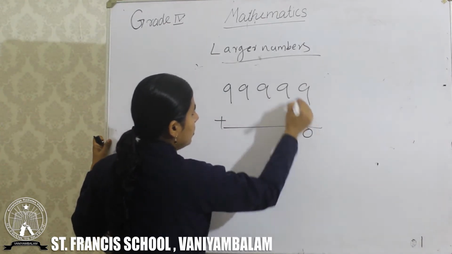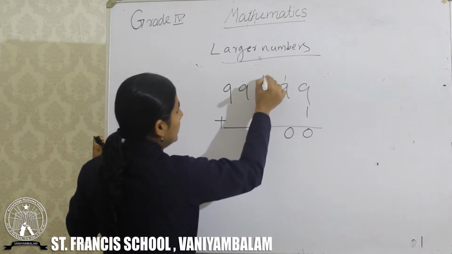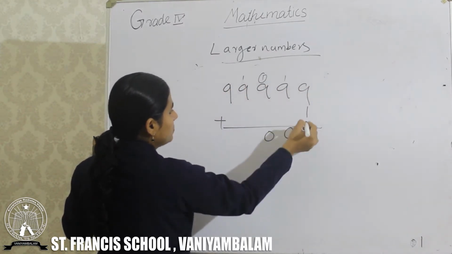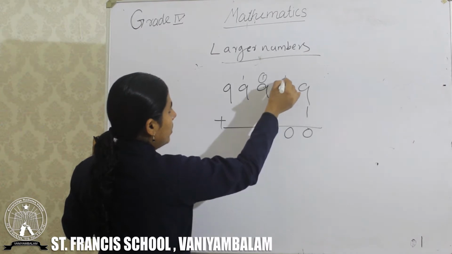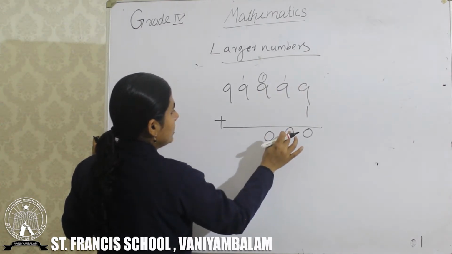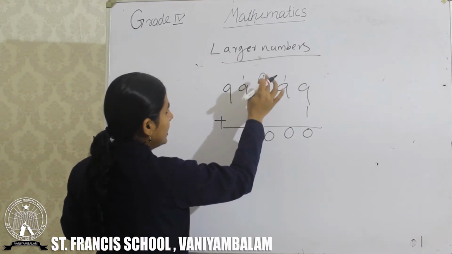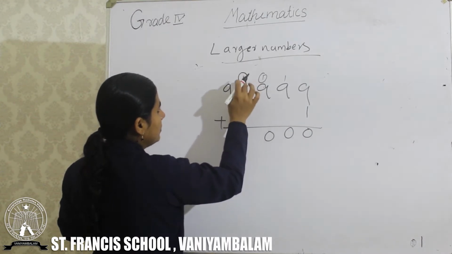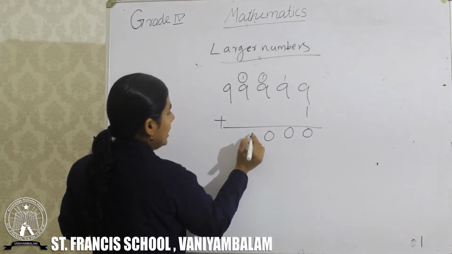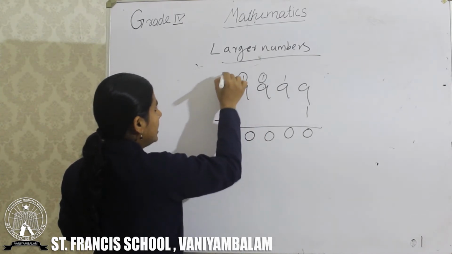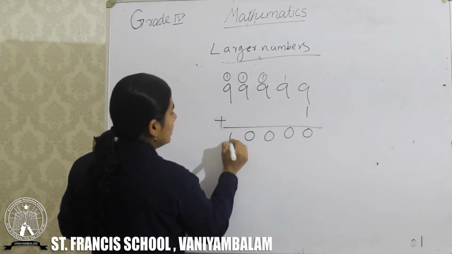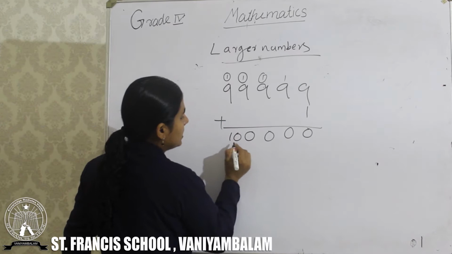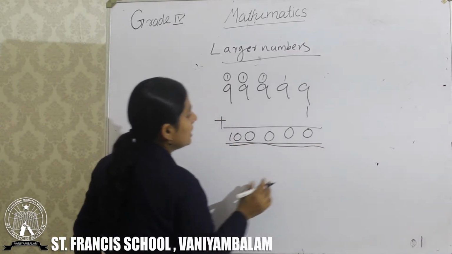Then 9 plus 1, 0, carry 1, 9 plus 1, 0, carry 1, and so on, each 9 plus 1 is 10, we write 0 here and carry 1 to the next place, then finally 9 plus 1 is 10. Okay, how many digits are here? 1, 2, 3, 4, 5, 6 digits. This is our smallest 6-digit number.